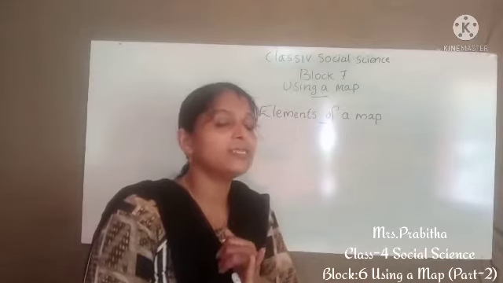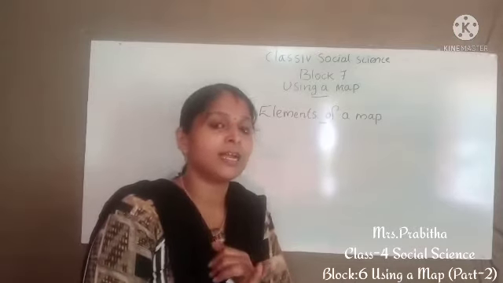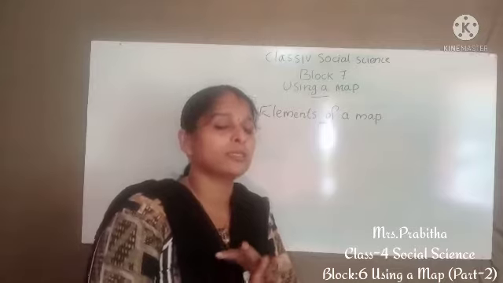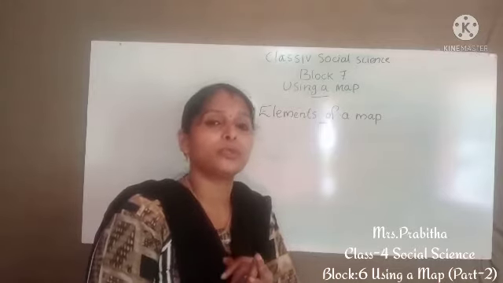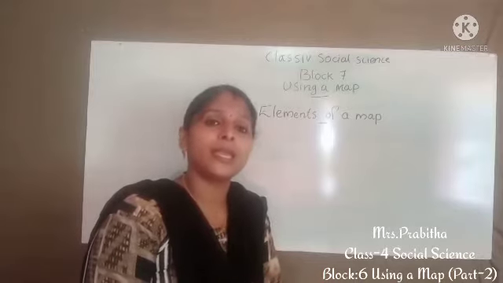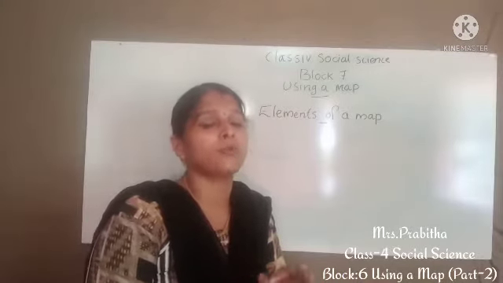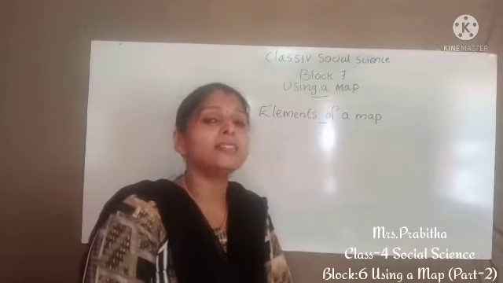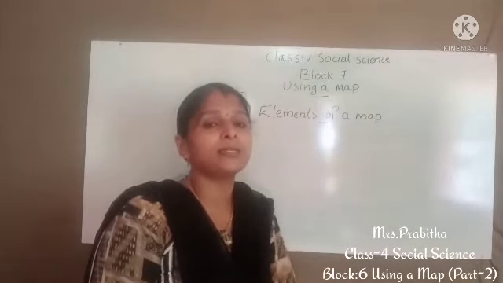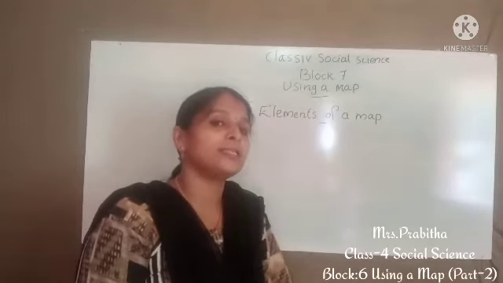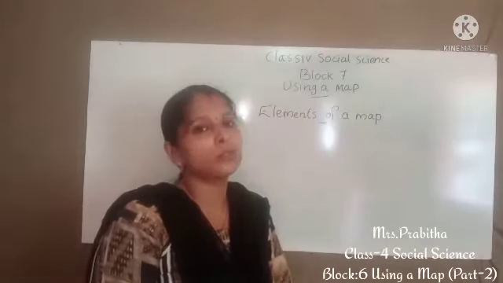First one is title. Second one is directions, or compass rose. Third one is legend or key. Then colors and symbols are also needed to make a map. Then scale is the next important element used to make a map.